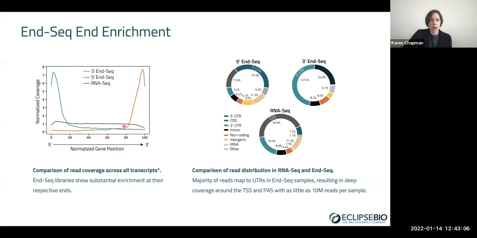And shown here is the enrichment of the 3' end in the 3' End-Seq data. And over here is the enrichment of the 5' end in the 5' End-Seq data. So you can see you really get a lot of bang for the buck, if you will, in terms of the amount of data that's piled up at either the 3' end or the 5' end. And that's what's shown here with these distribution plots as well.